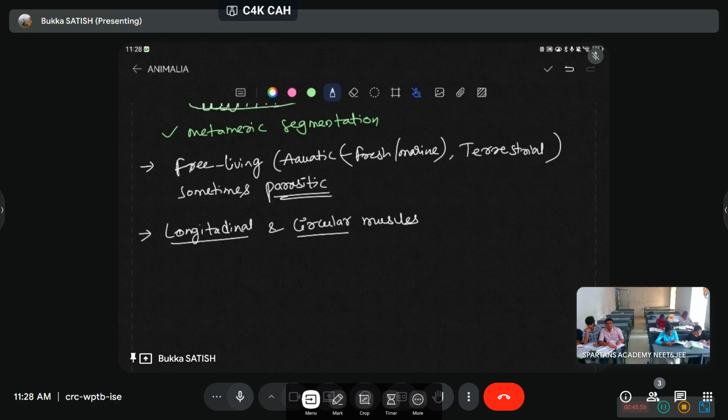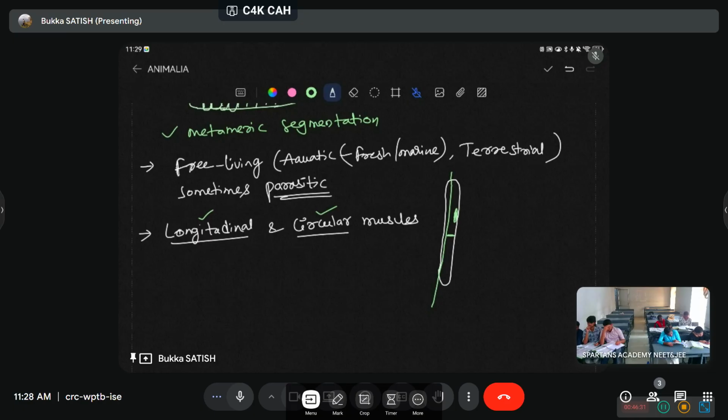Now what is meant by longitudinal and circular muscles is, when you see the body, this is how the body is. This is the longitudinal section, this is the longitudinal axis. There are some muscles arranged in this orientation. These are longitudinal muscles. There are some muscles arranged in this way. These are circular muscles. So based on how they are oriented with the longitudinal axis of the body, we have two different types of muscles, longitudinal and circular.